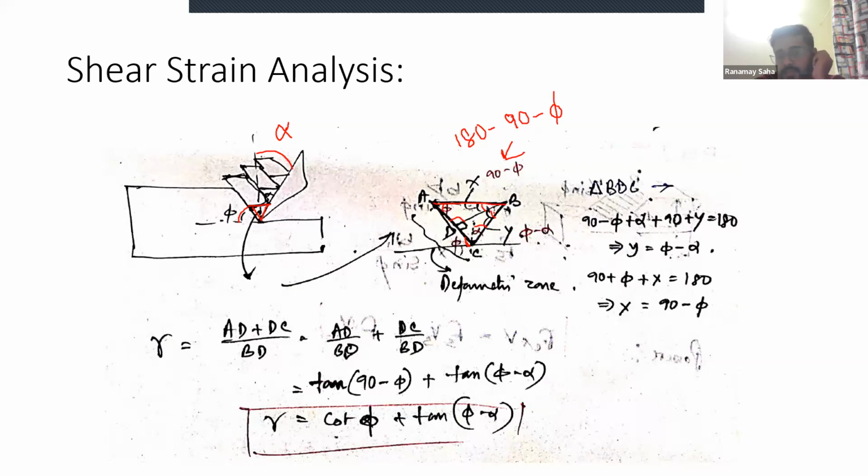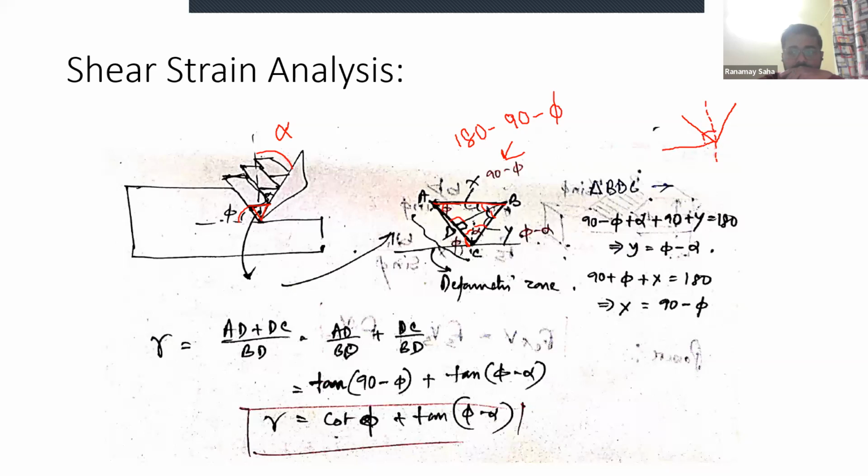Similarly, now this one remains unknown. You consider triangle BDC. You can see this angle, what is this? Because if you consider this axis and this horizontal line, this whole thing should be 90. Okay, so I'll show that to you. So this is the axis and this is the horizontal.